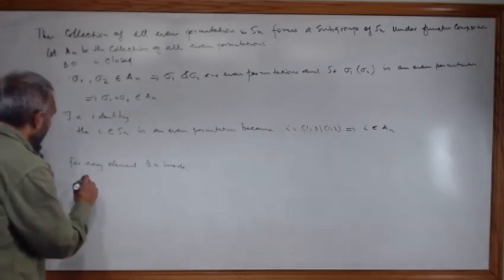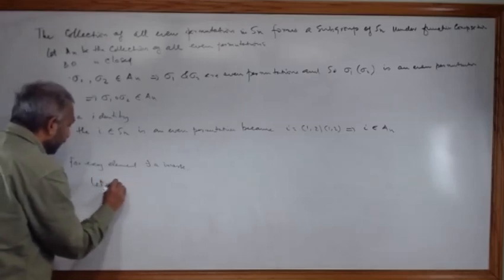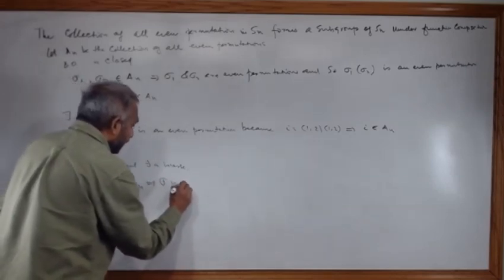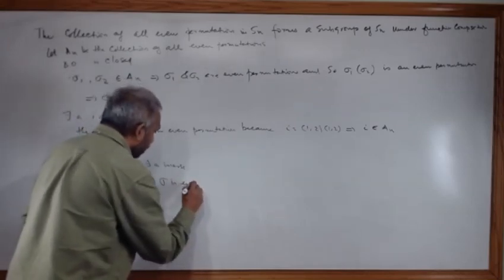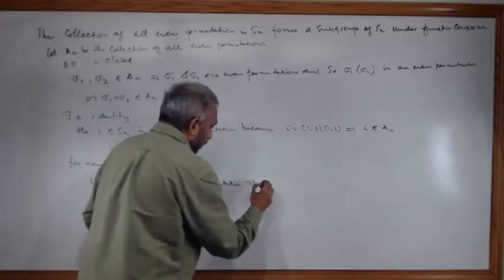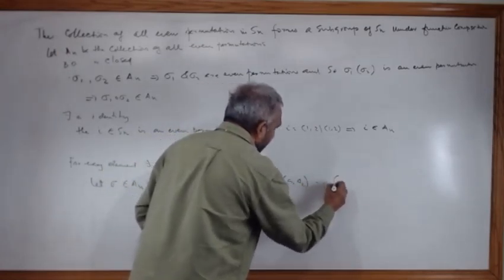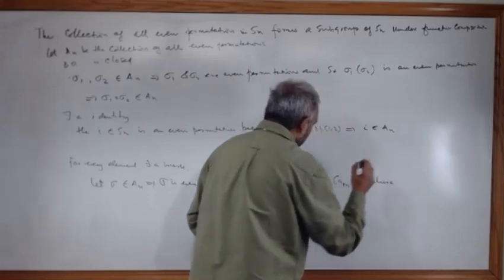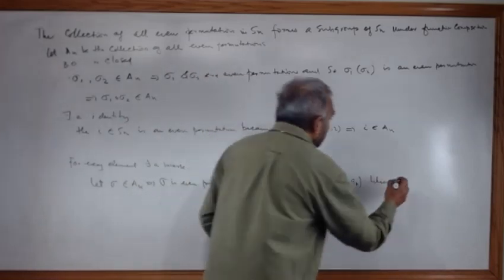Now, for every element there exists an inverse. So let sigma belong to An, that implies sigma is an even permutation, and that implies sigma is equal to (a1 a2)(a3 a4) ... (ap-1 ap), where p is odd.